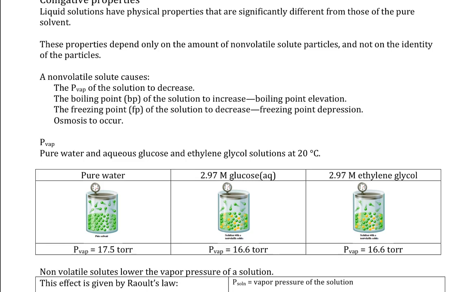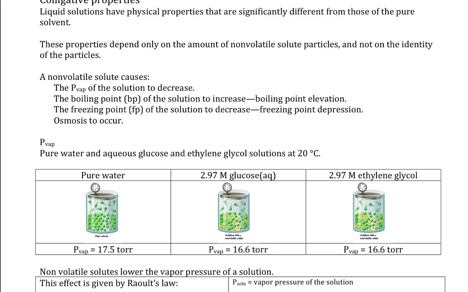That's called freezing point depression, and it causes osmosis to occur. Okay, so in comparison to the pure solvent, the solution causes the vapor pressure to decrease, the boiling point to increase, the freezing point to decrease, and we can get osmosis. Okay, so we will look at each one of those.